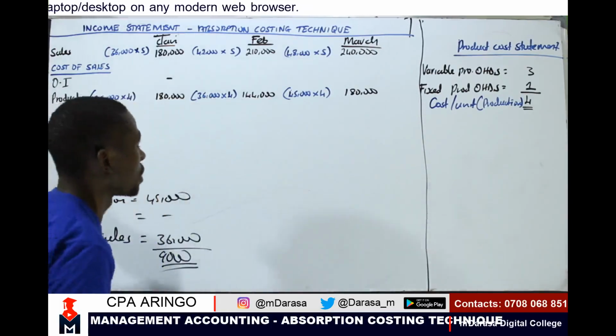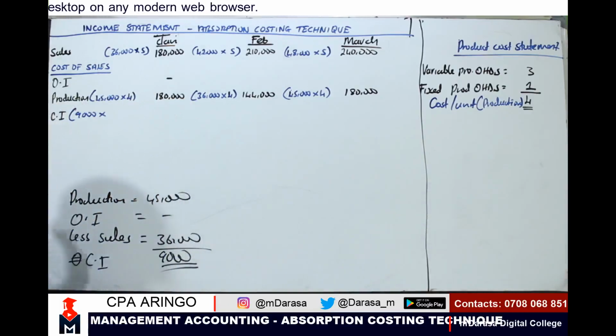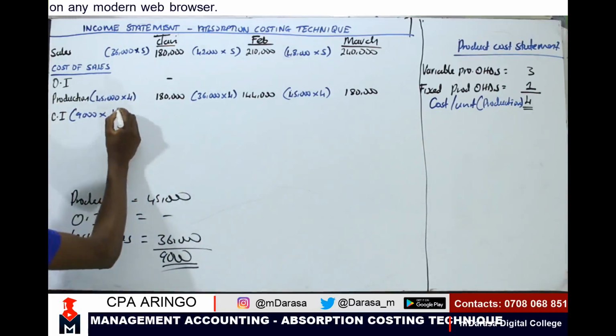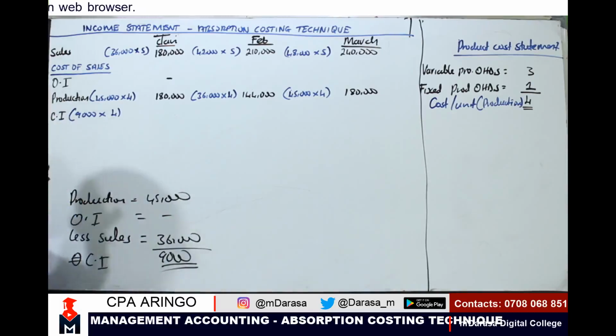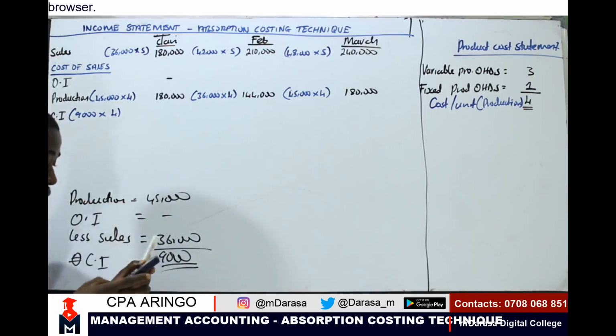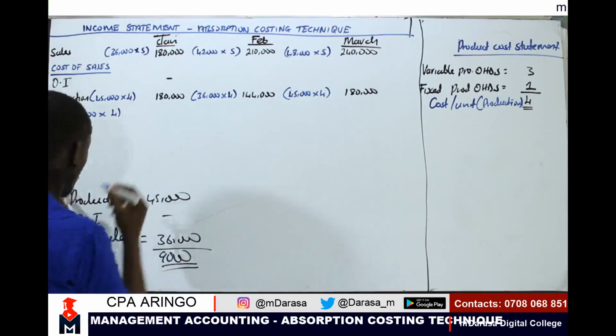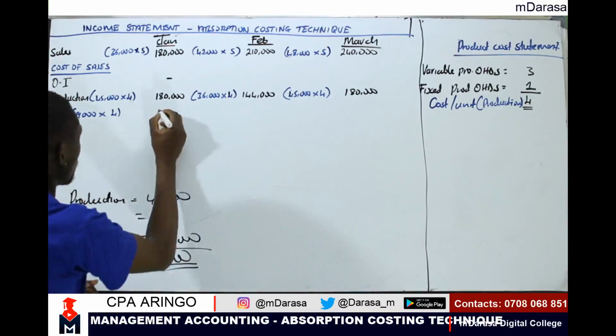So you should be having by 4. That should give us 9,000 by 4 to give us 36,000. So my closing inventory value should be 36,000.